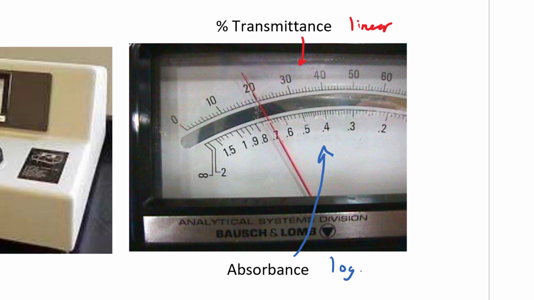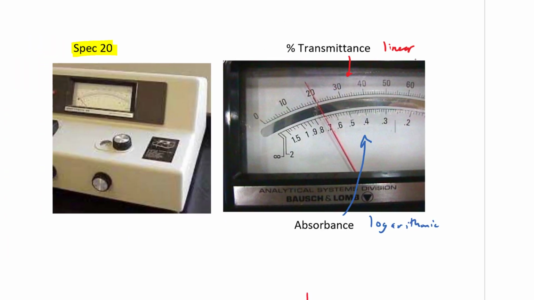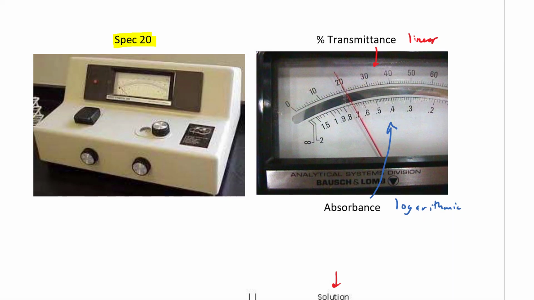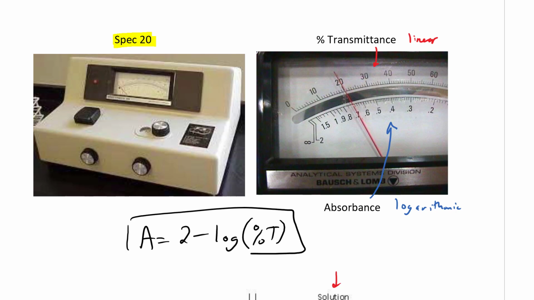This is a logarithmic scale. There's actually a mathematical relationship between these two. The mathematical equation here is A equals 2 minus the log of percent transmittance. So if I want to know my absorbance, I just sub in my percent transmittance, I log it, I make it a negative value, I subtract it from 2.